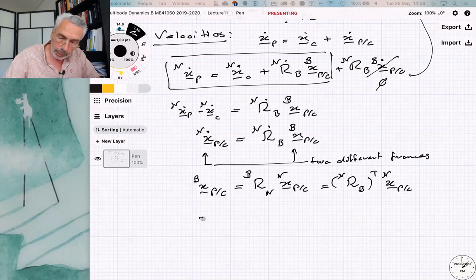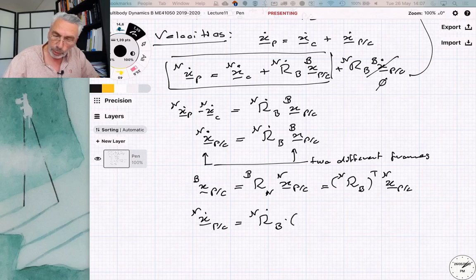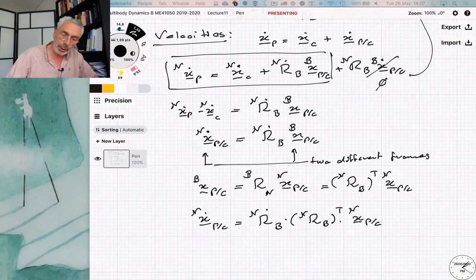So we get x dot expressed in the inertial frame, p with respect to c, equals the time derivative of this rotation matrix times the transpose of this rotation matrix times the components of this relative vector expressed in the body frame. So we see the velocity is some time derivative stuff times the vector, and everything in the same frame. Now, I get sort of tired of writing all these indices and so on, so I like to use more shorthand.